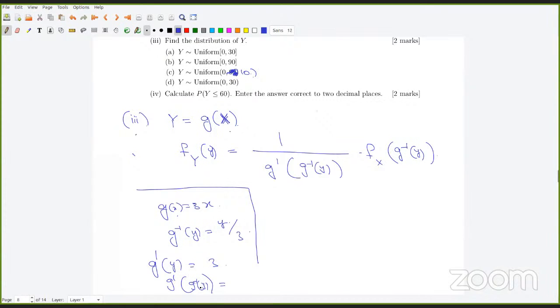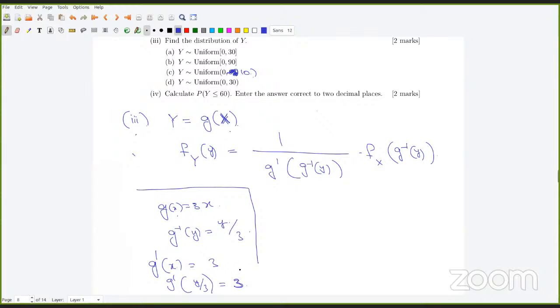So even if it is g dash of g inverse of y, which is y by 3, it doesn't change. g dash of x is equal to 3, so if x is replaced by y by 3, it will not change. Whatever x is, our slope g dash of x is actually 3. So this is actually 3.